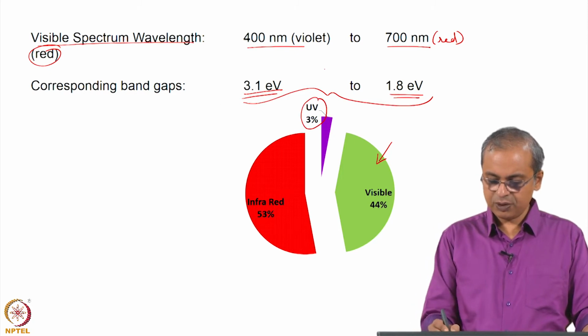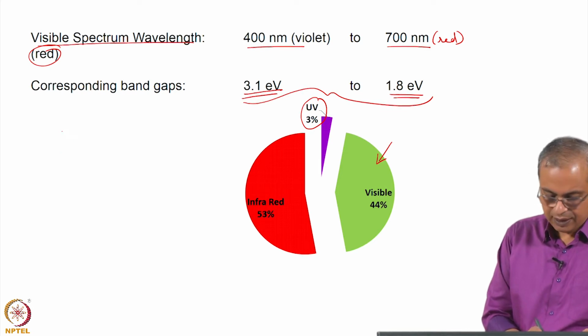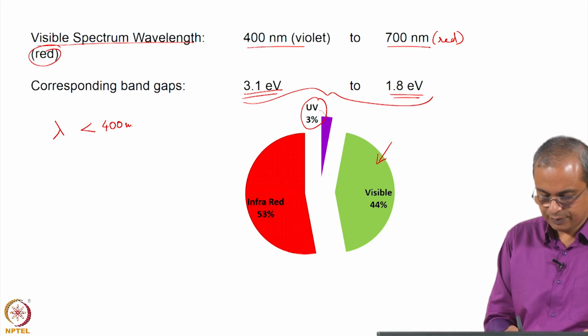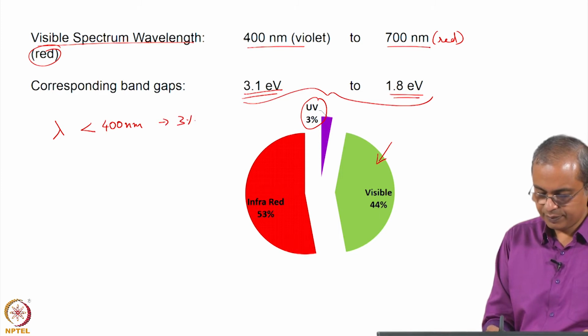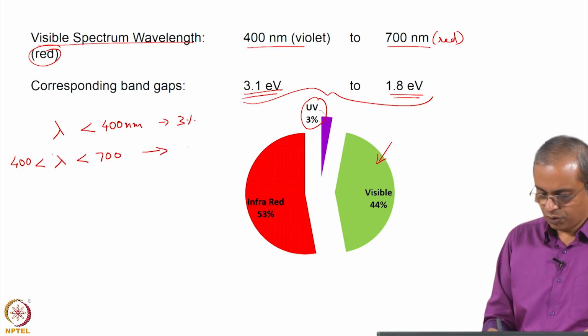So, if you have wavelength, lambda, less than 400 nanometers, then that is 3%. Lambda between 400 and 700, that is your 44%.